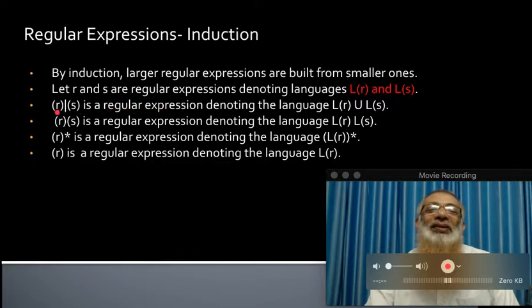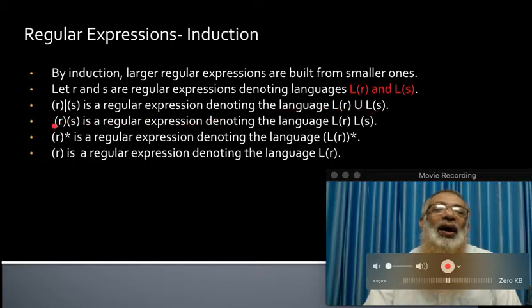Since R is a regular expression, S is a regular expression, and OR is an operator used to form a regular expression, the entire thing becomes a regular expression now. Now, what's the language represented by this R bar S? R or S? It is language of R union language of S. It's an OR operation.